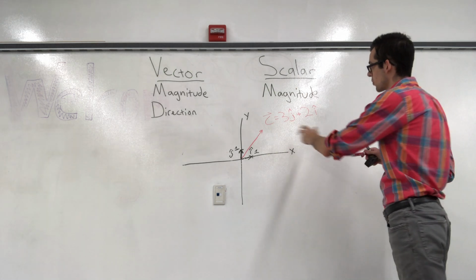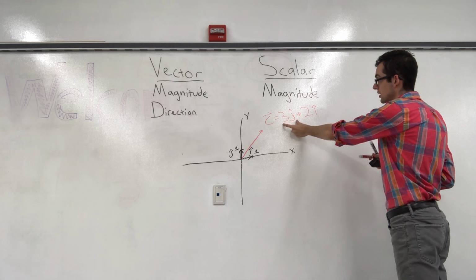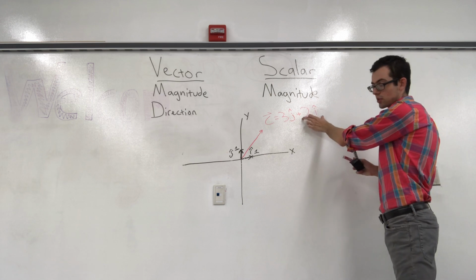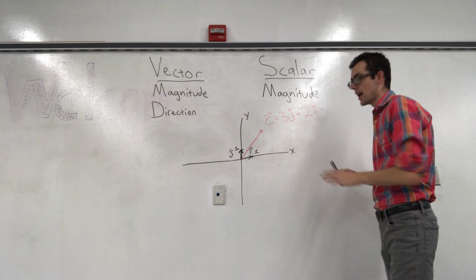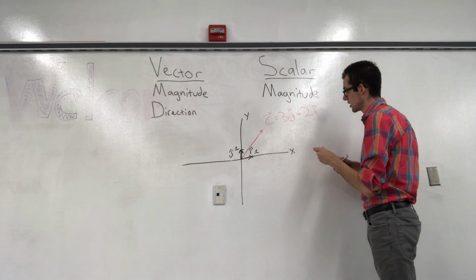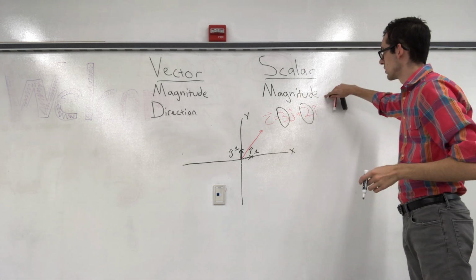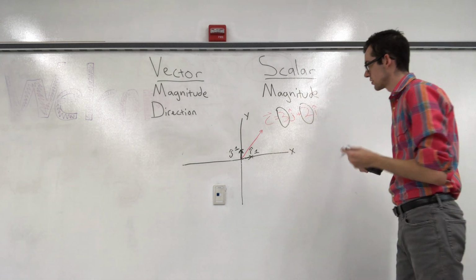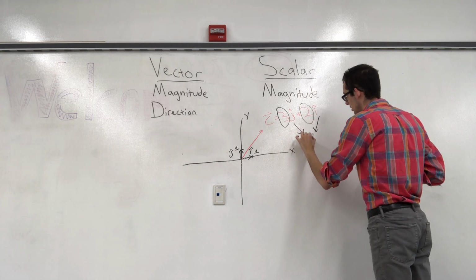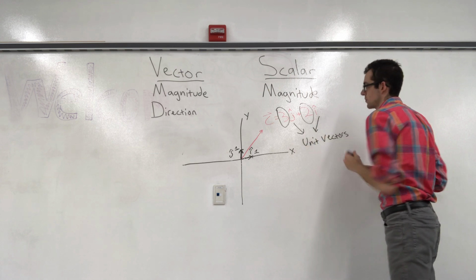So unit vectors are a way to write any vector in terms of how far it goes in the Y direction, positive or negative, and how far it goes in the X direction, positive or negative. Any vector can be written in terms of some scalars. We know that 3 is a scalar, 2 is a scalar, those are just numbers, just magnitude, and we multiply them by these, which are called our unit vectors.